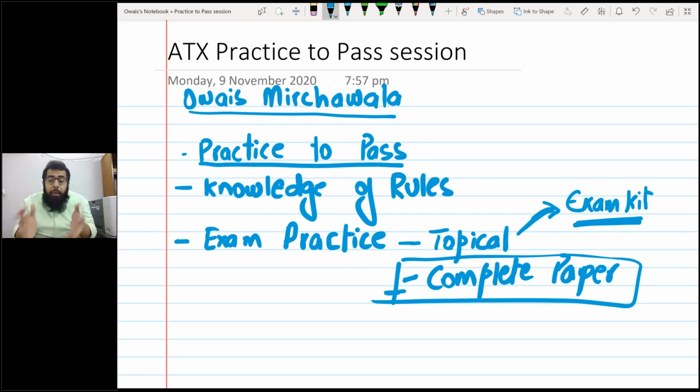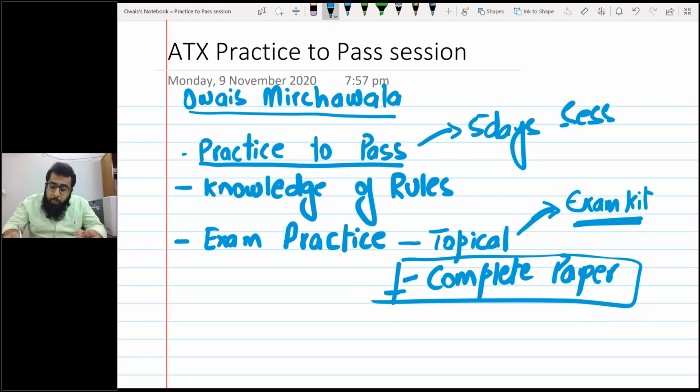So the basic aim of these 5-day sessions is that we will go through some complete papers. We will do complete past papers of 4 or 5 attempts, so that you can understand how you have to deal with a complete past paper.